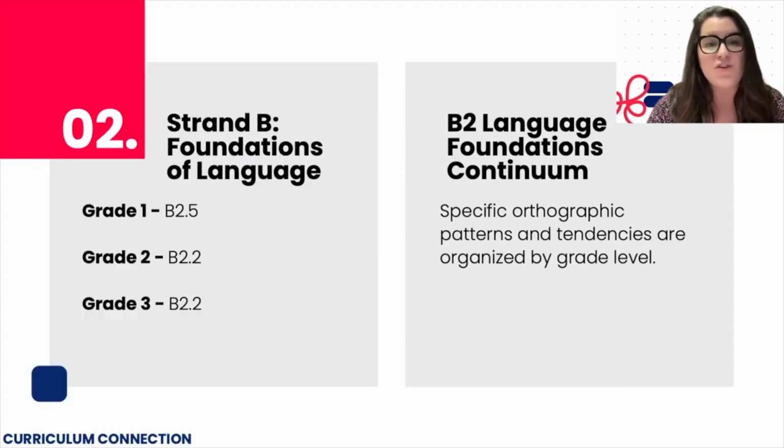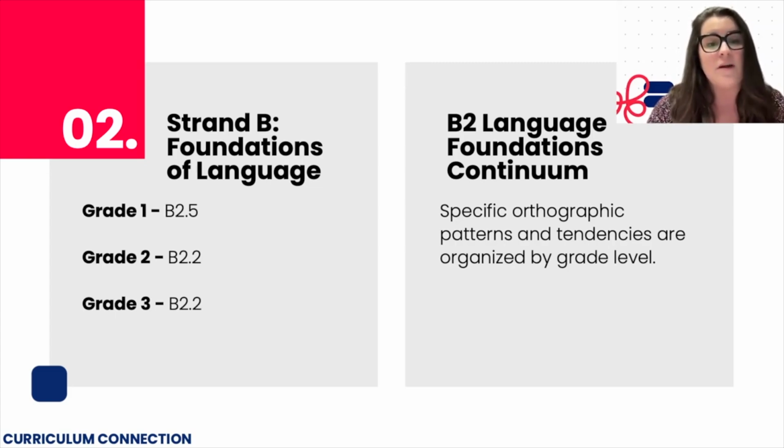Now we'll focus on how the application of orthographic knowledge is situated in the language curriculum. Grades 1, 2, and 3 have specific expectations for the application of orthographic knowledge to word-level reading and spelling. Across these grades, students use orthographic knowledge, including position-based tendencies, to make a spelling choice or accurately pronounce a word when reading. The Language Foundations Continuum provides an elaboration of the learning associated with these specific expectations.